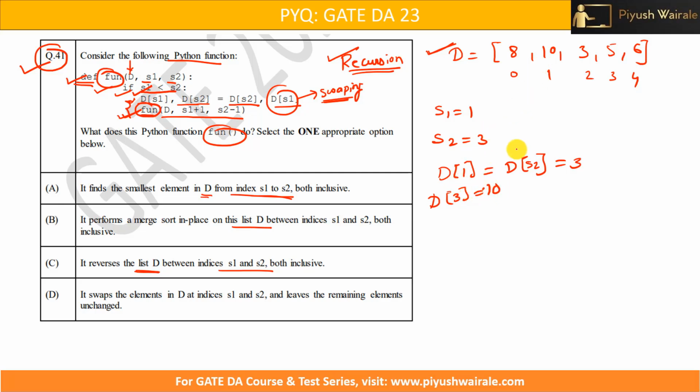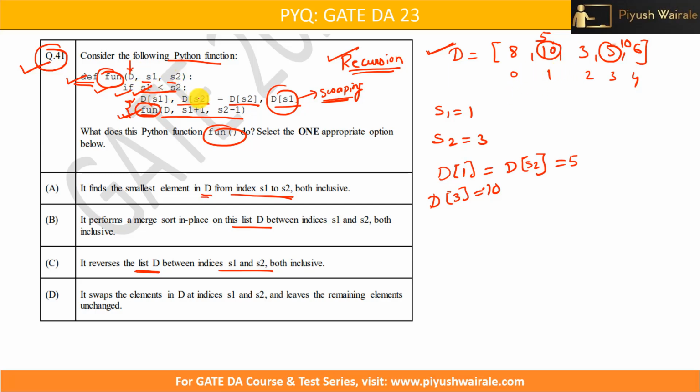So simply we are swapping the elements at indices 1 and 3. So instead of 10 it will be 5, and instead of 5 it will be 10. So d of 1 is 5. Simply we have swapped the elements of these two particular indices.